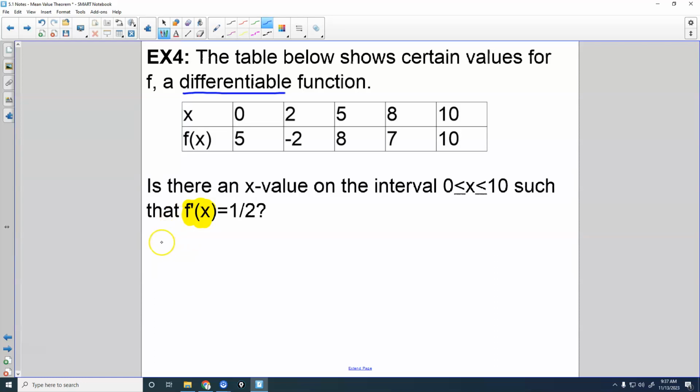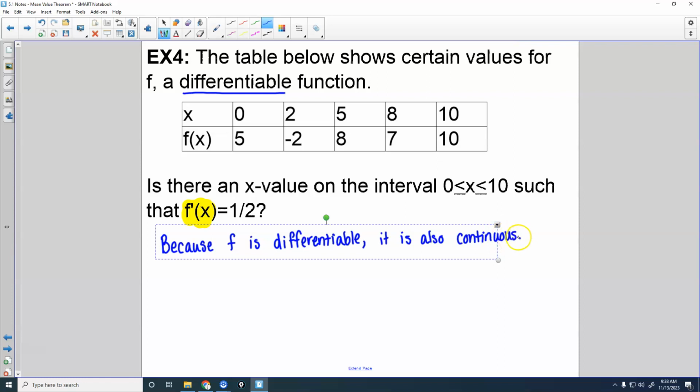So you would say because f is differentiable, it is also continuous.